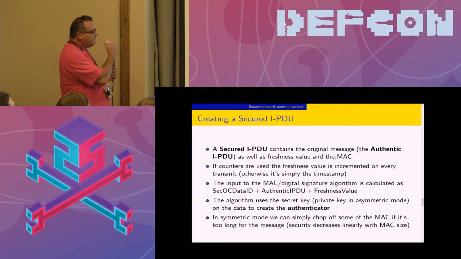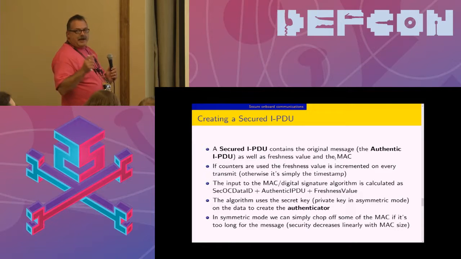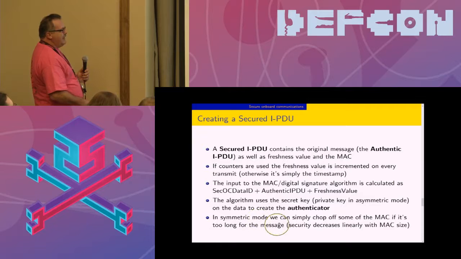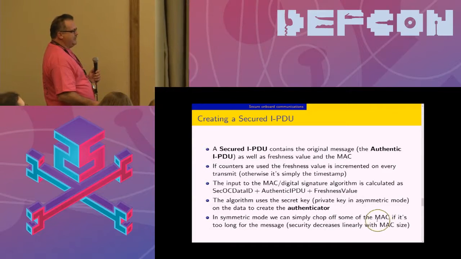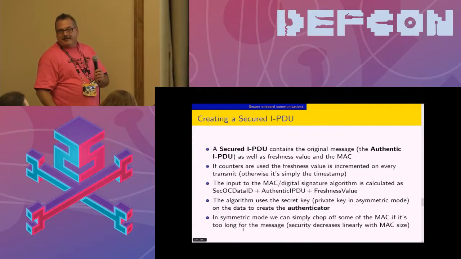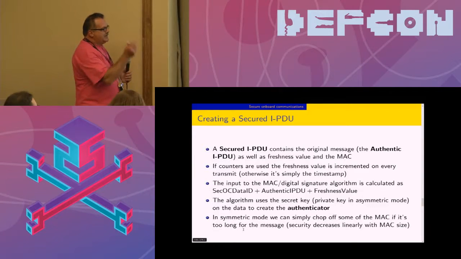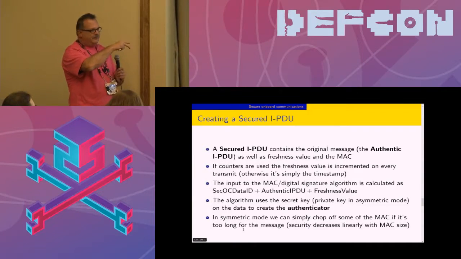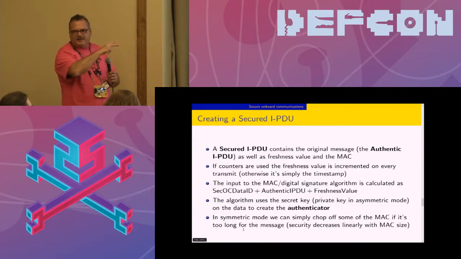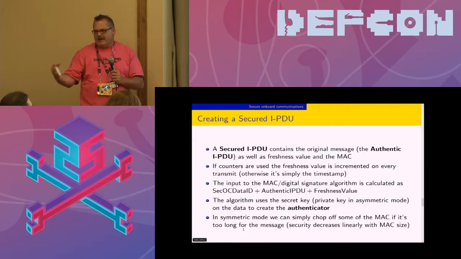Okay. So one thing is that you'll see in here, and actually I believe you see in the demo as well, is that in the symmetric mode, we can actually chop off some of the MAC if it's too long. And we're going to need to do that in standard CAN, if we do it in standard CAN. One of the things that's not talked about in this presentation at all, that Jeff implies but doesn't talk about, is this thing called CAN FD.